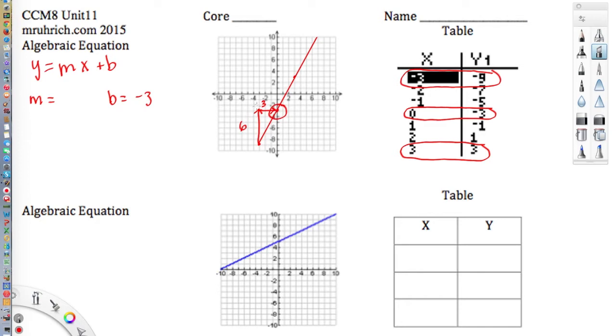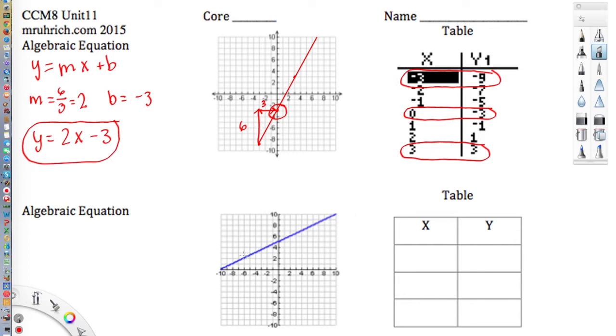So I'm going up 6 over 3. So my slope, my rise is 6, my run is 3, which is the equivalent of 2. 6 divided by 3 is 2. Now when I put this in slope-intercept form, I have y = 2x - 3. So there's my equation, my line, and the data table they gave to me.